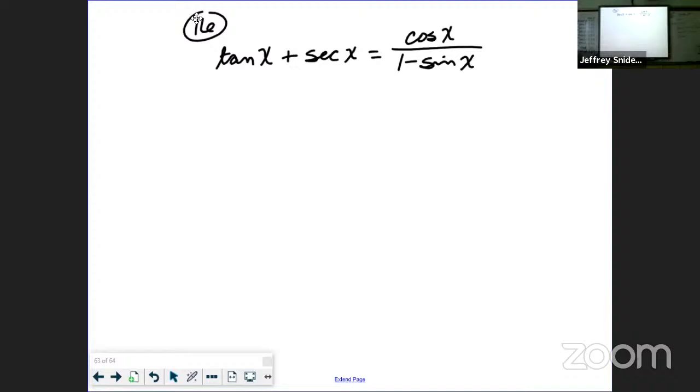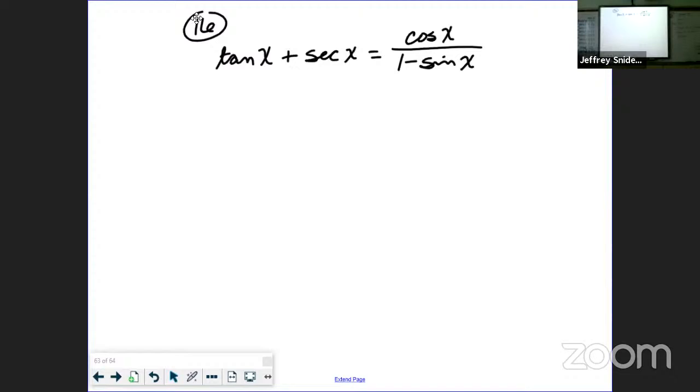It's like the one we did because it has the cosine squared and something else. What are you supposed to do? So I have sine x plus 1 over cosine x.